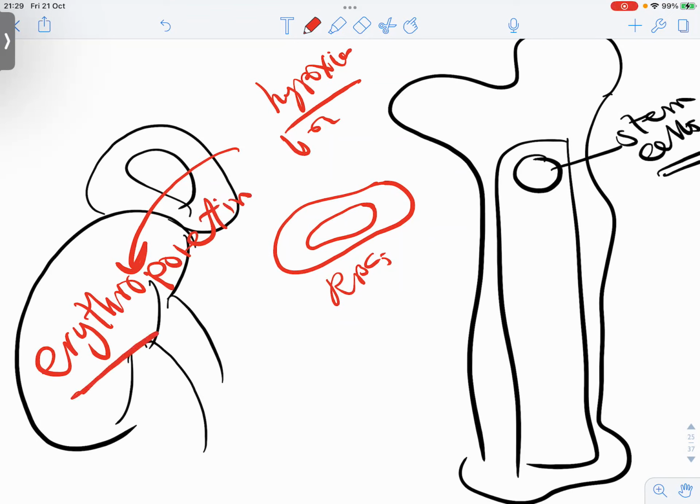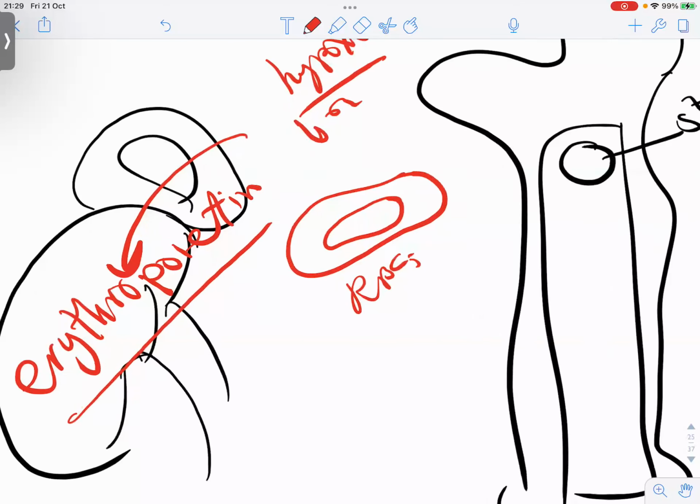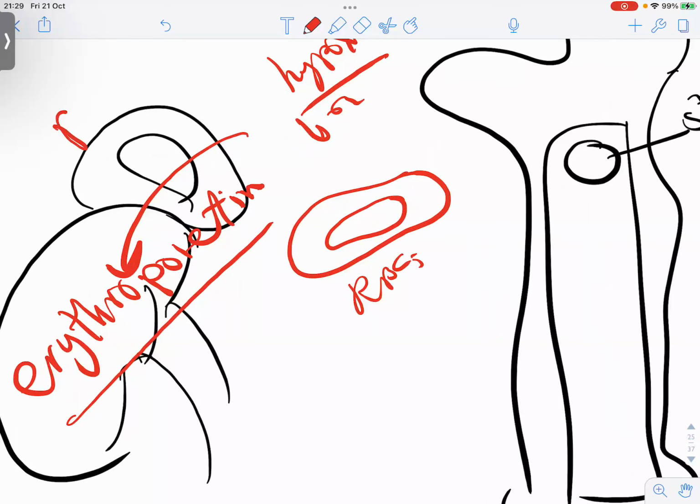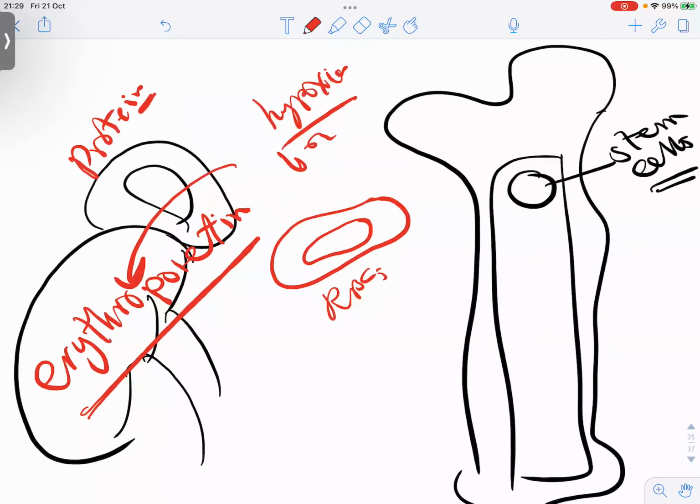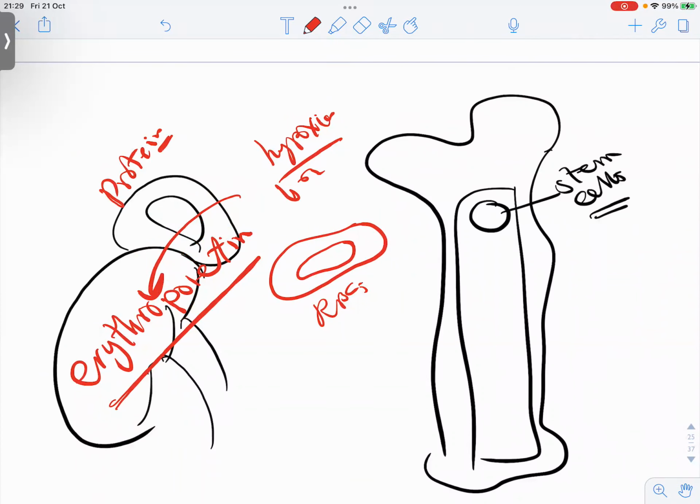Erythro means red blood cells, poiesis means synthesis of red blood cells. So the process is called erythropoiesis, and the hormone is called erythropoietin. In means protein; even protein ends with in. So erythropoietin is a protein hormone which stimulates erythropoiesis.